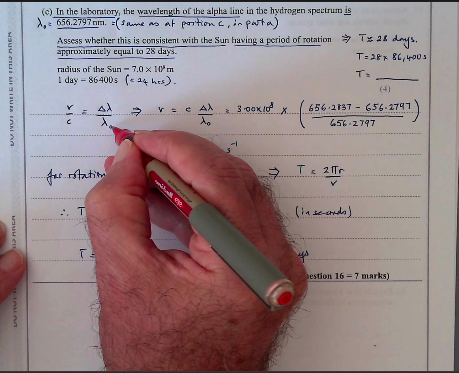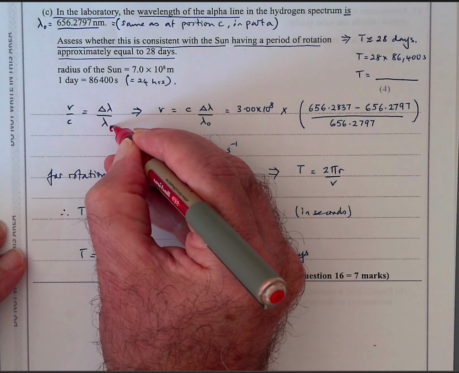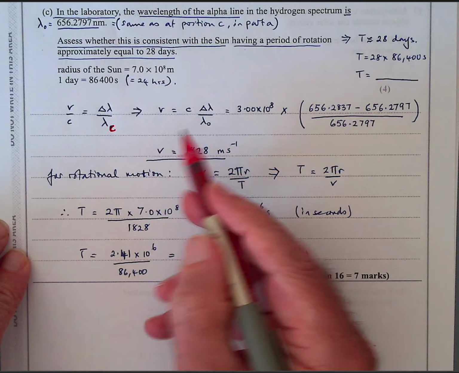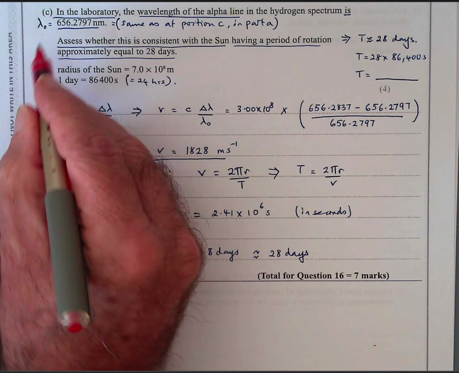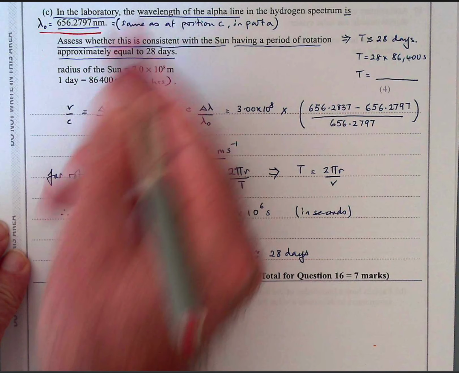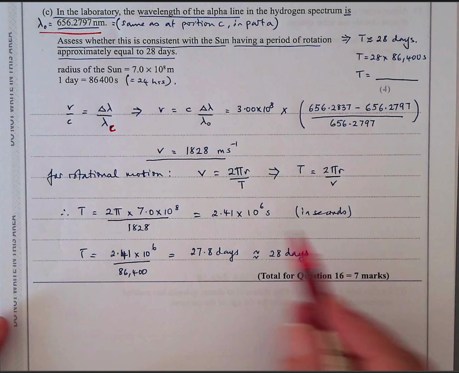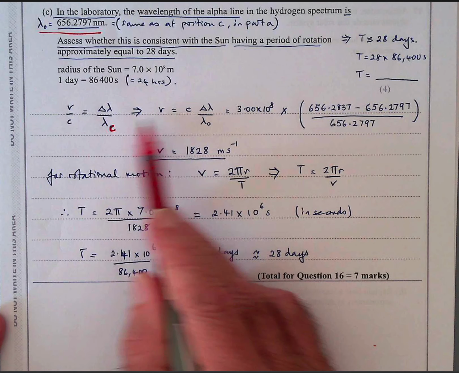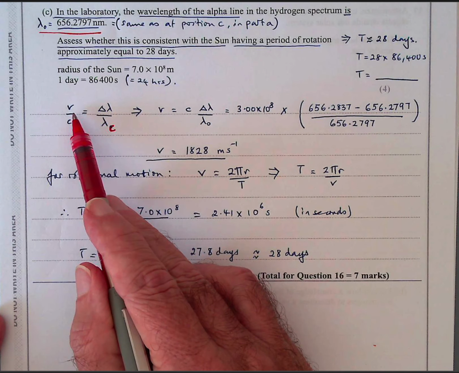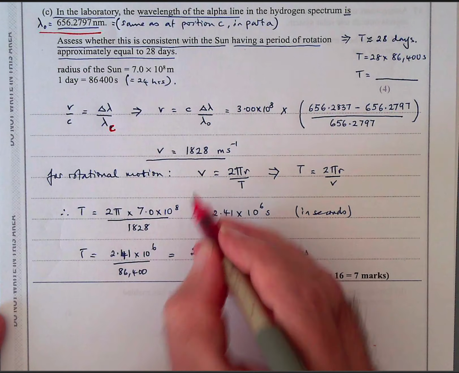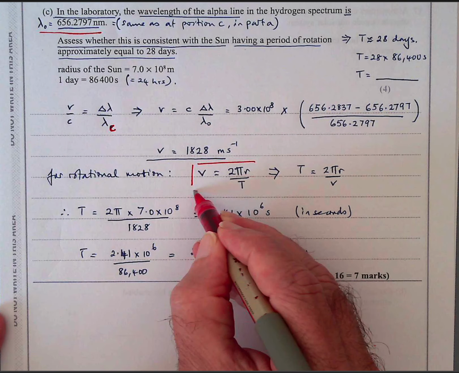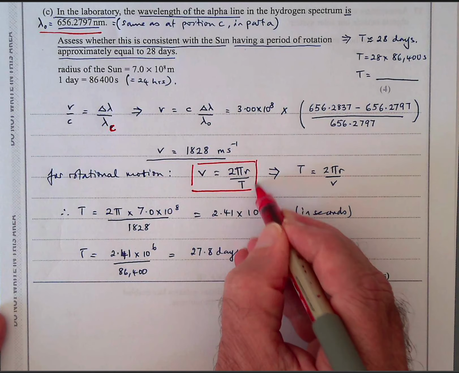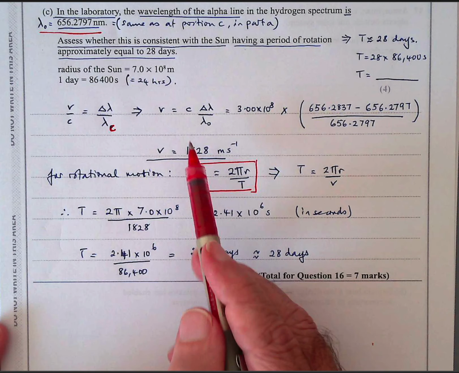Okay, so we could say this is lambda c, the wavelength at position C, which is the same as I put here. If you look at them both, they're exactly the same number. It's the same decimal places. So basically we can change the subject of the equation. We want to work out the velocity first, because once we work out the velocity, we can then work out the period using this equation. So that's the underlying path we're going down.